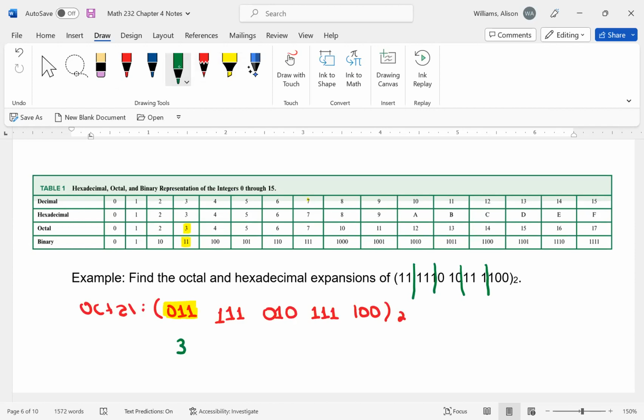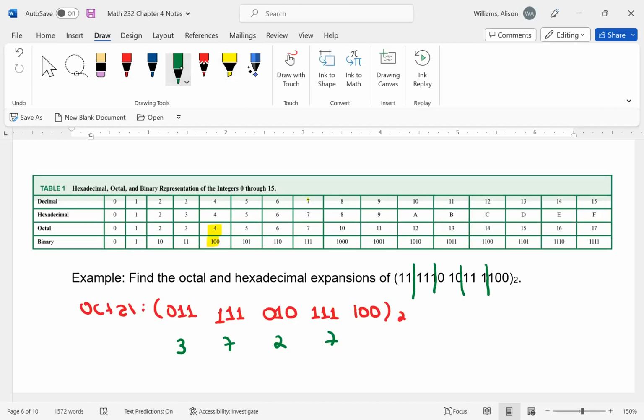So that's 3. 111 is right here, and so for octal, that's the number 7. 010 is next. So 010 is right here, so that's 2. 111 again, that's 7. And then 100, that's 4.